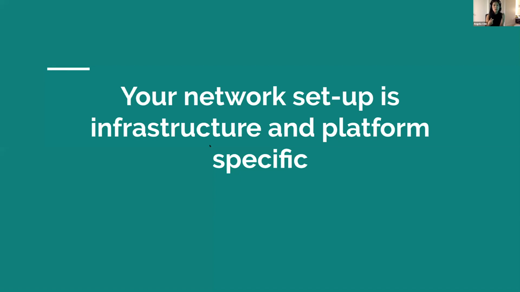So what I'm using in my home lab is probably different than the networking or infrastructure you have set up at your company or organization. And so this makes it really hard to say that there's one definitive way to debug networking solutions, because it really can be platform and infrastructure specific. What you have access to, what networking stack you're using, it's really hard to generalize.